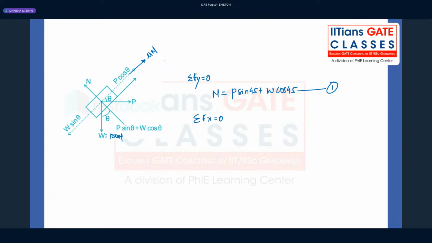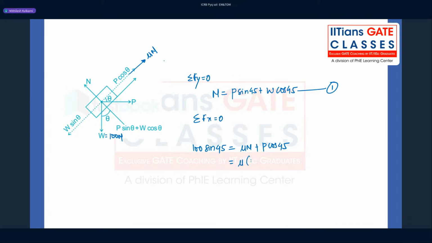So the force on the left hand side is W sine of theta. So I can say it as 100 sine of 45. It has to be equal to the forces on the right hand side, which are the frictional force and P cos theta: mu N plus P cos of 45. We already know the value of N, so we can put it.